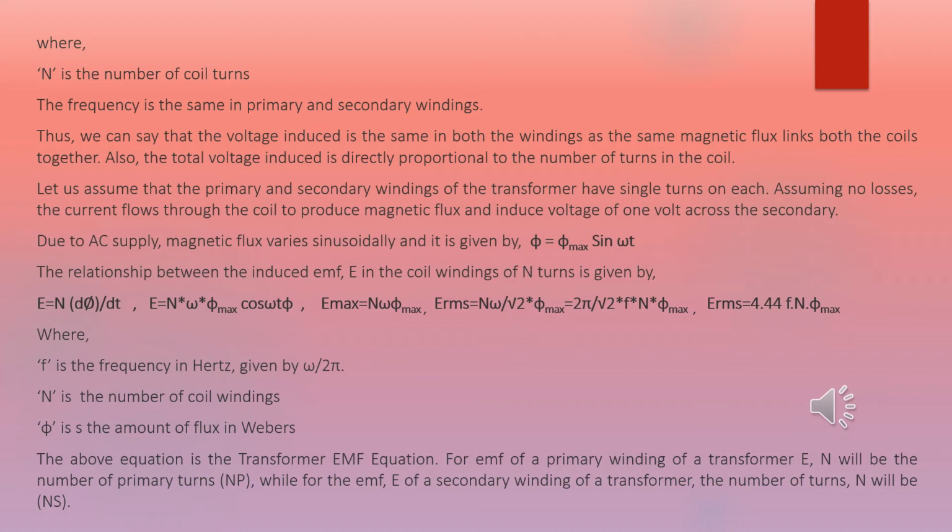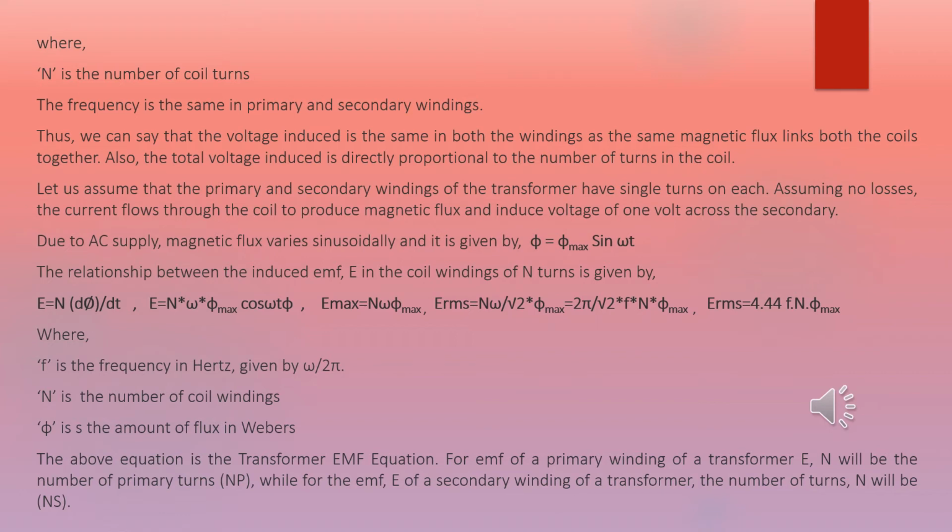Flux generated by the primary side is the same as the flux that is linked on the secondary side. Thus we can say that total voltage induced is directly proportional to the number of turns in the coil. The number of turns in the coil will be responsible for the voltage that is being induced in the circuit.